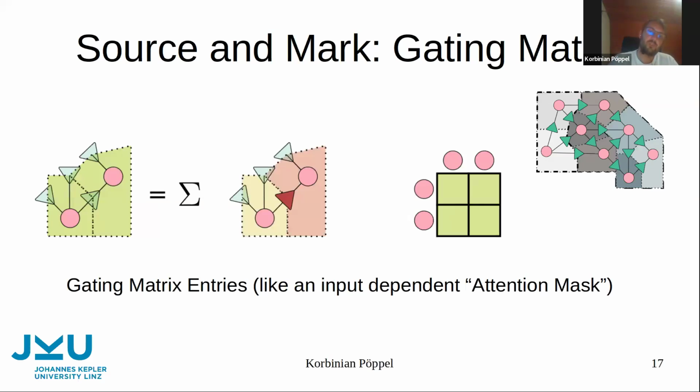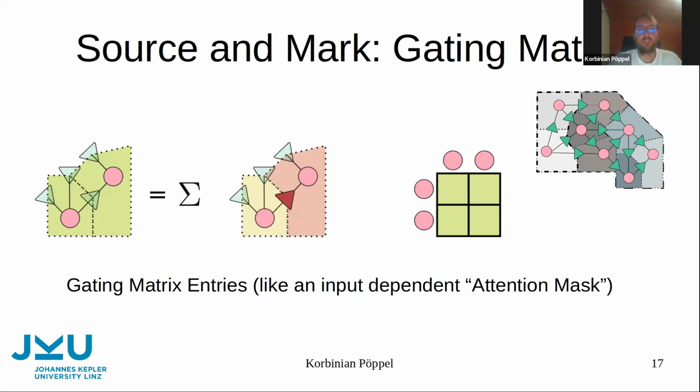Ultimately, what we arrive at when we combine even these source and mark terms is the gating matrix. And if you are more familiar with the attention formalism, this acts like an attention mask. If you think of ALiBi encodings, they also act basically as a mask for the attention, an additional factor on the attention matrix.